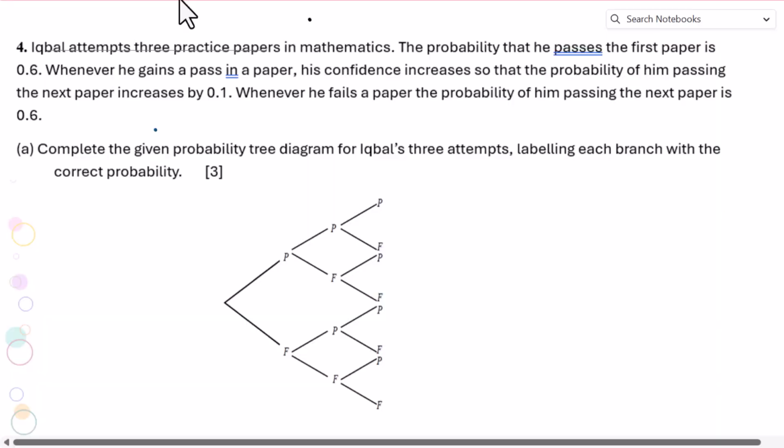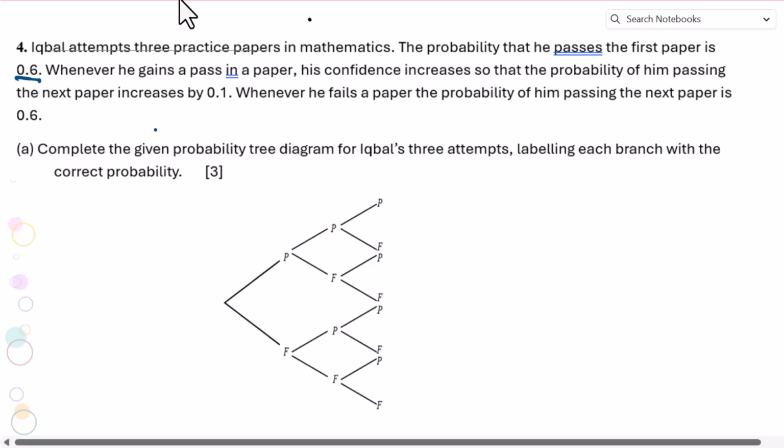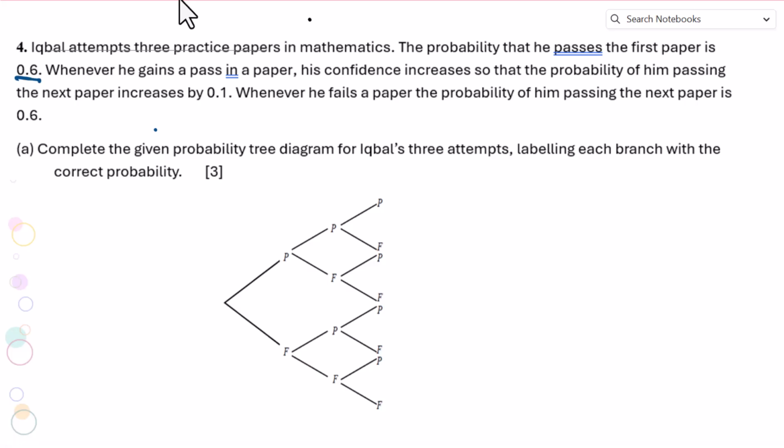Question 4. Iqbal attempts 3 practice papers in mathematics. The probability that he passes the first paper is 0.6. Whenever he gains a pass in a paper, his confidence increases so that the probability of him passing the next paper increases by 0.1.